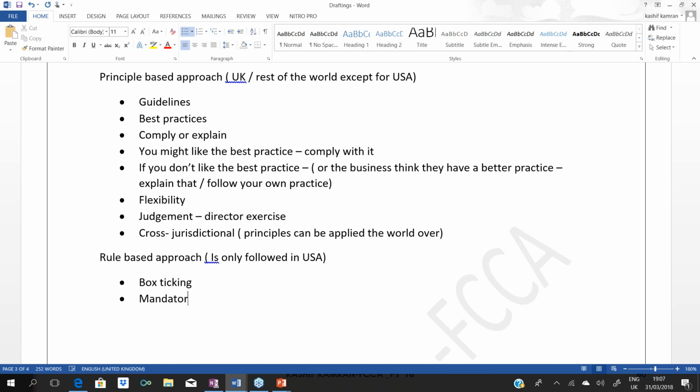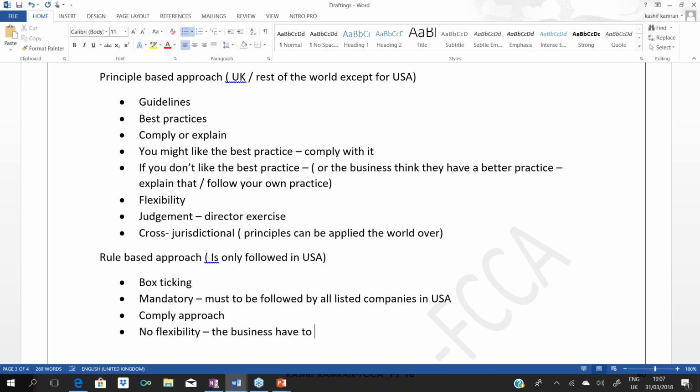It is mandatory, it is a comply approach, it must be followed by all listed companies in the USA. No flexibility. The business has to stick to what's mentioned in the law.